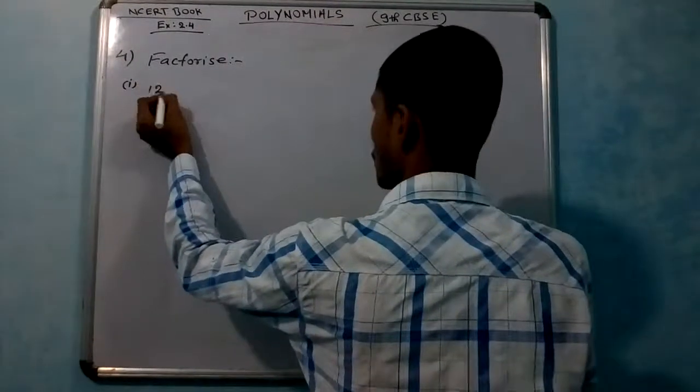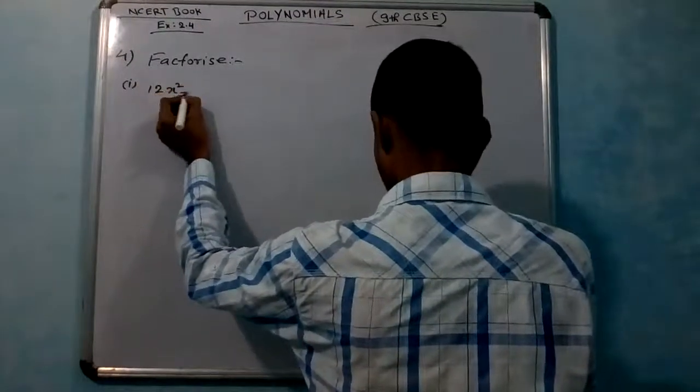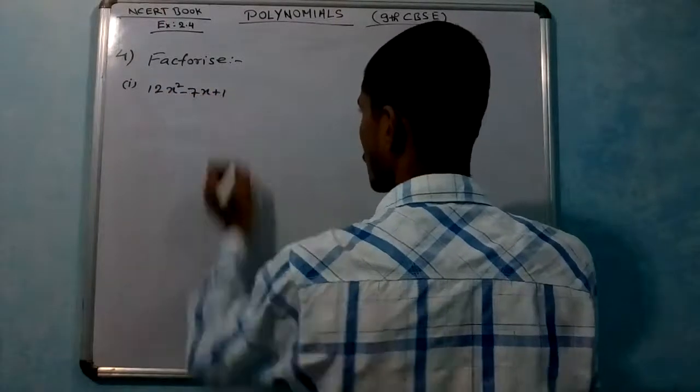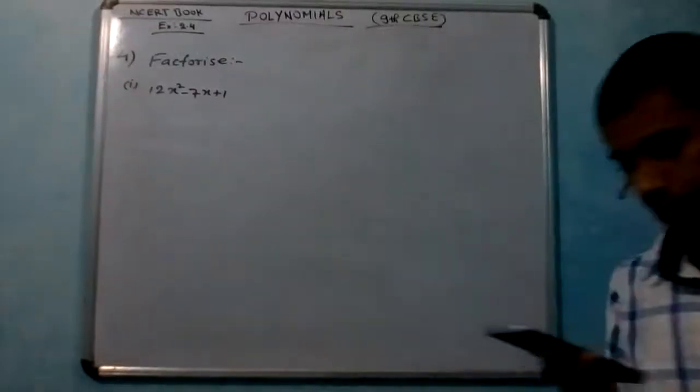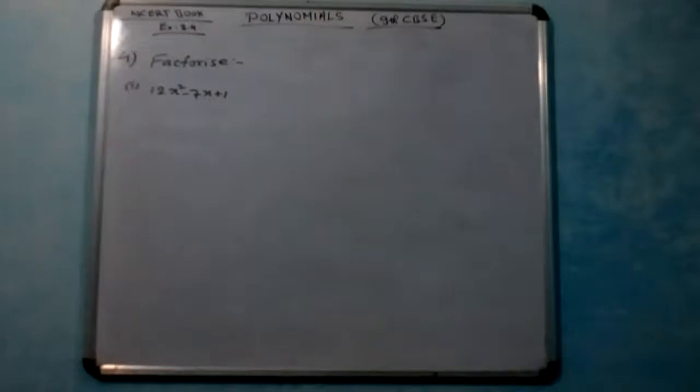First, 12x square minus 7x plus 1. Okay? Factorize.